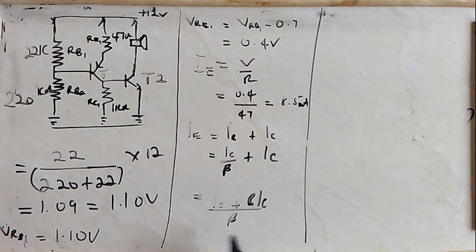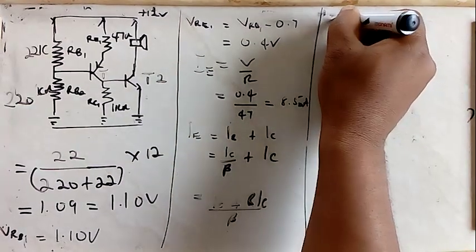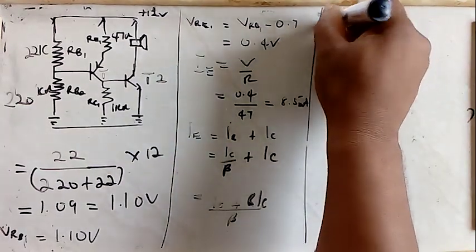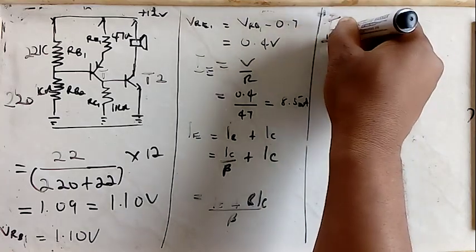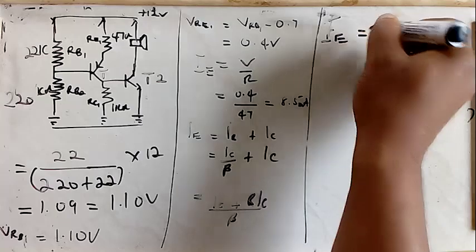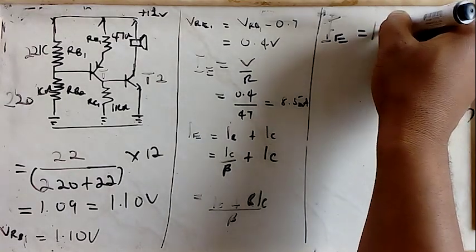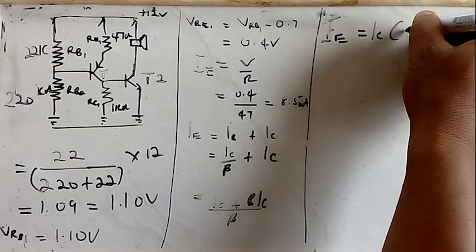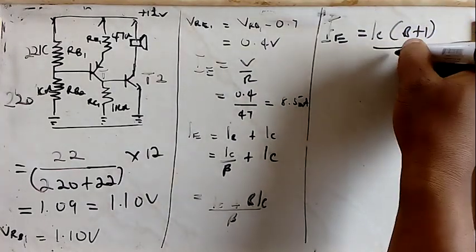If you simplify further, you arrive at the emitter current being equal to collector current times (B plus 1), all over B, right?